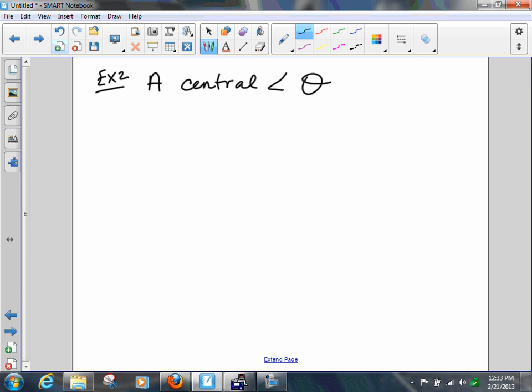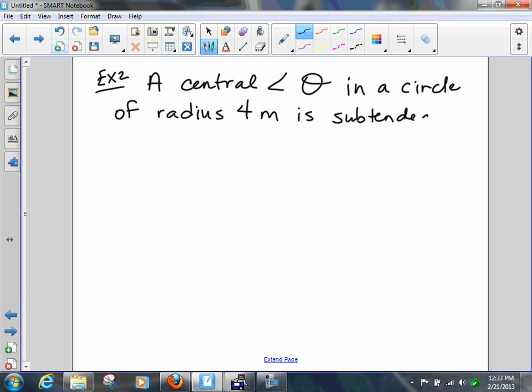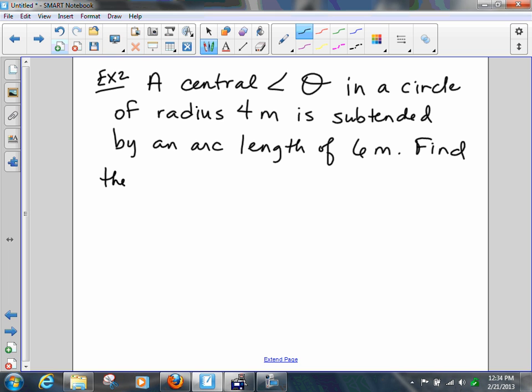A central angle theta in a circle of radius 4 meters is subtended by an arc length of 6 meters. Find the measure of the angle in degrees and radians.